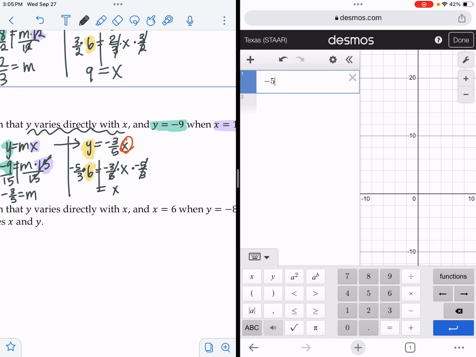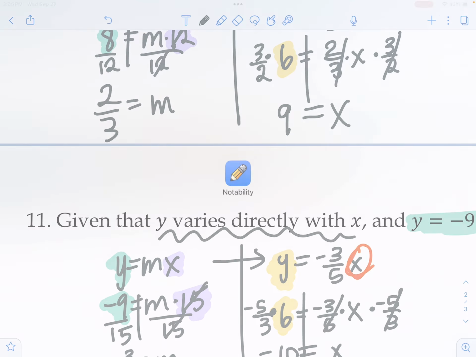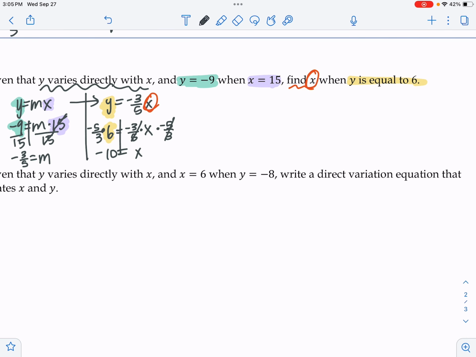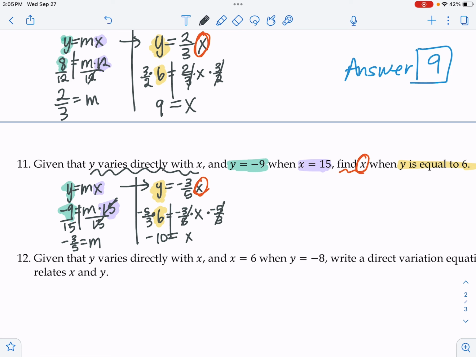Negative 5/3 times 6 is negative 10. So our final answer here is x equals negative 10. That's what we would type in.